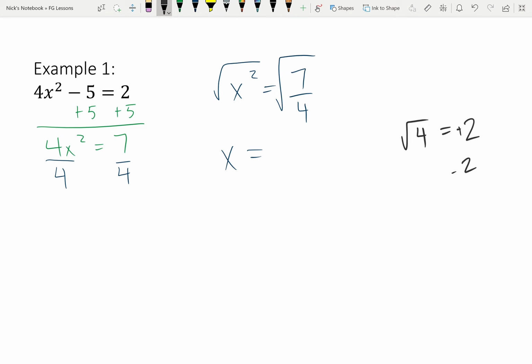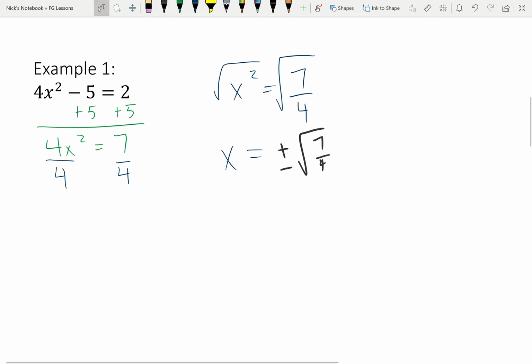The reason it's negative 2 is because if we take negative 2 squared, we're still going to get a positive 4. So there's two possibilities for us to get those two answers. So what we write is plus or minus the square root of 7 over 4. That plus or minus just tells you there's a positive answer and a negative answer as well.